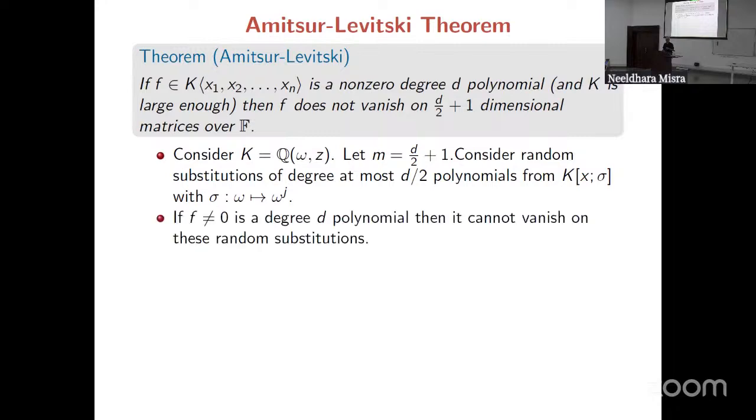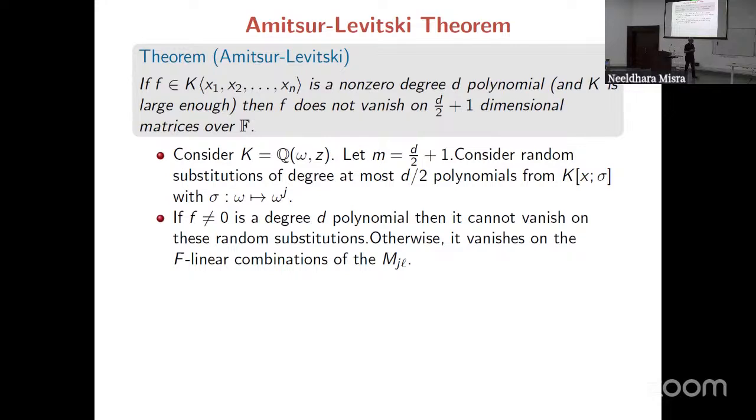So this is what I just told you. Very easy polynomial time identity test. So suppose K is the field which we just spoke about, Q adjoin omega and Z. Let's see what we get from this.